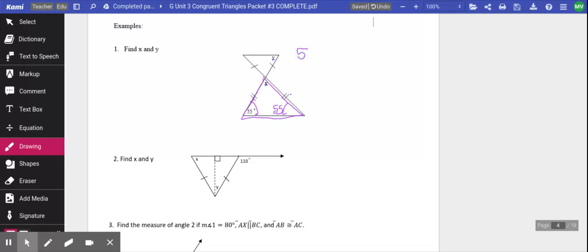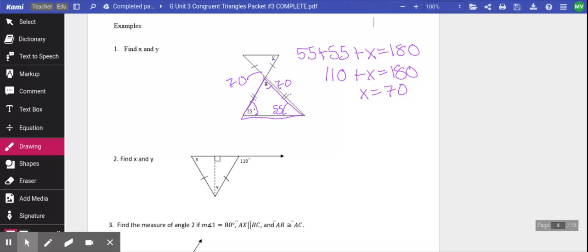So that means 55 plus 55 plus X equals 180. So that's 110 plus X equals 180. So that means X equals 70. So this angle is 70. Then we know that this angle is also 70 because those are vertical angles.